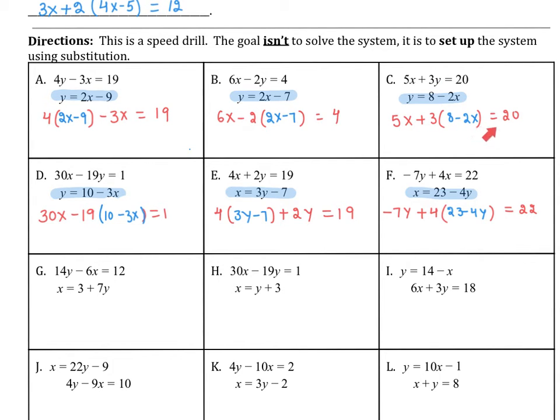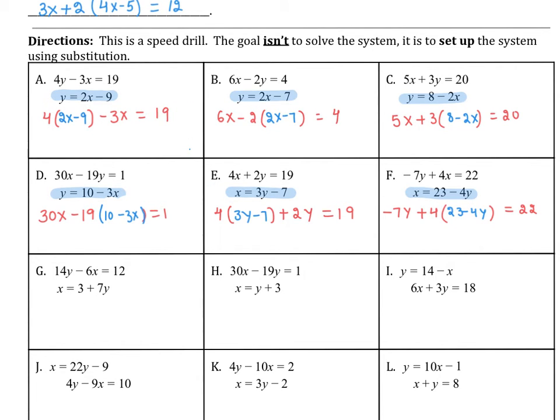Again, we don't have to solve, so we'll just leave it like that. For letter D, I highlighted the isolated variable, that is y, and I'm going to use the y value 10x minus 3x in my first equation and plug it in.